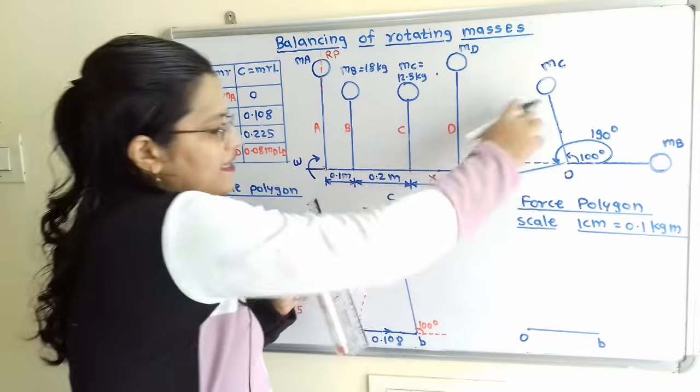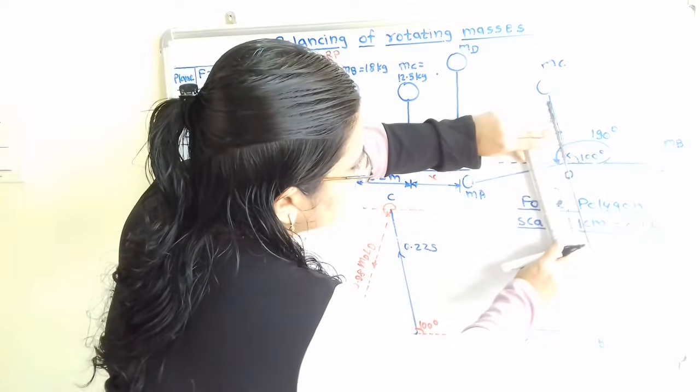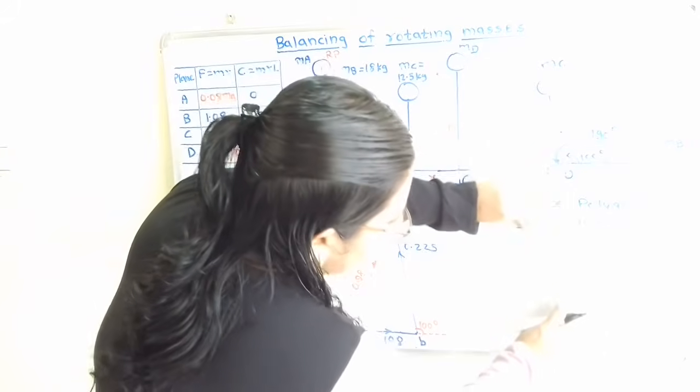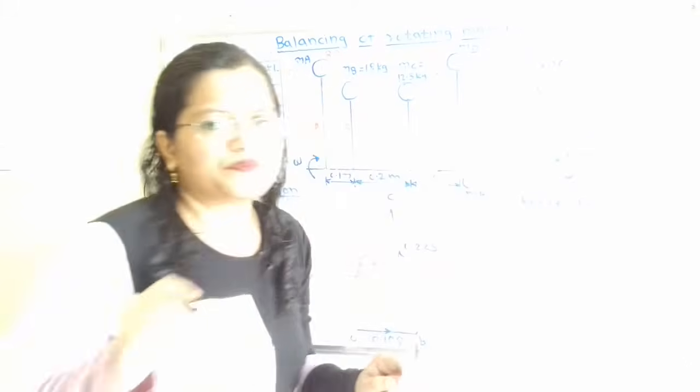So I will take here the line parallel to this with the help of roller, and I will transfer here, and we will draw one line, and length of line, that is equal to 7.5. So with the help of scale we will mark here one point, and that will be the point C.